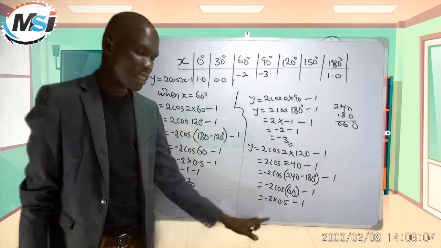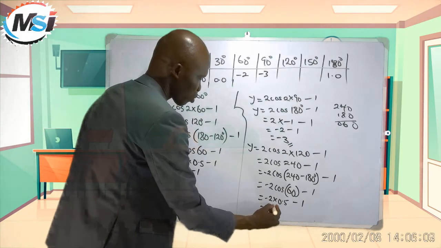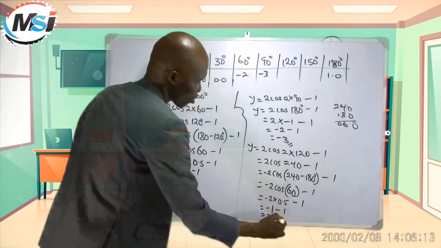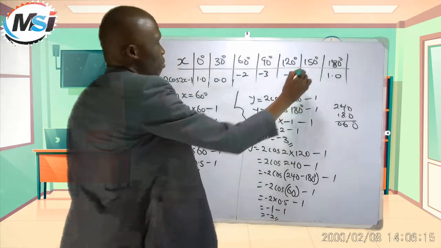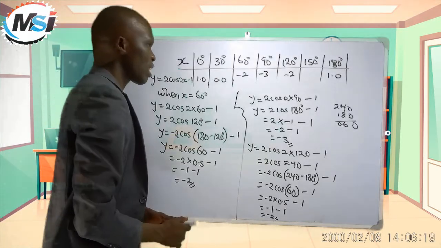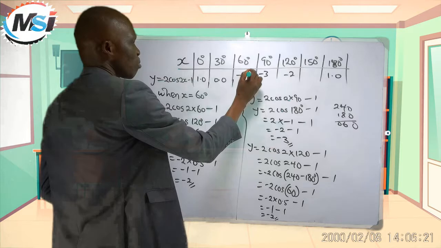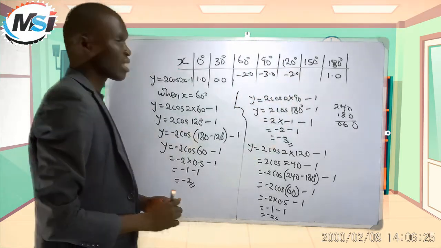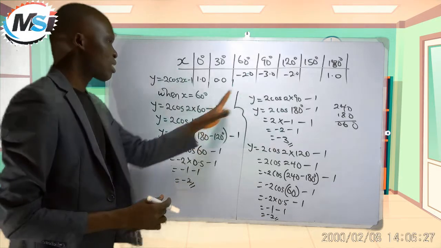If you multiply it, it's going to give you minus 1 minus 1, which will give us minus 2. So this will give us minus 2. I believe you understand that, right? Or you can say minus 2.0, that is in 2 decimal places.